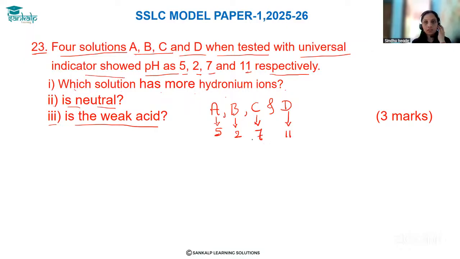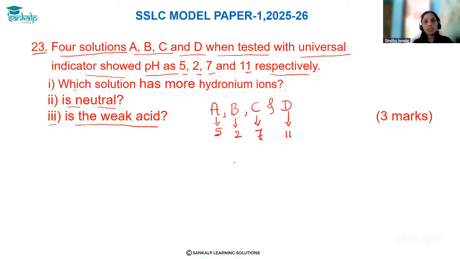Here they ask which solution has more hydronium ions, among A, B, C, D. Which solution has more hydronium ions? How to calculate this?